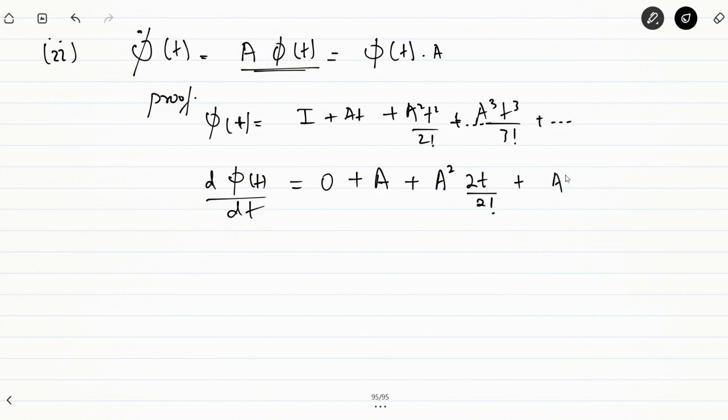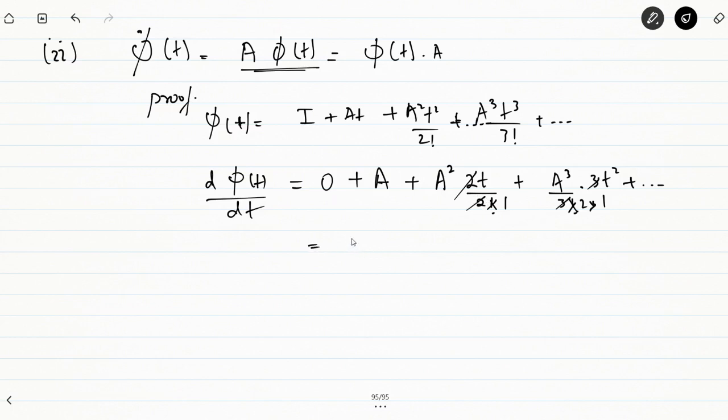This becomes a cube divided by 3 factorial into 3t square. Fine. So on. This 2 factorial is basically 2 into 1. Similarly, this 3 factorial is 3 into 2 into 1. So 3 और 3 cancel out हो गया, यहाँ पे 2 और 2 cancel out हो गया.